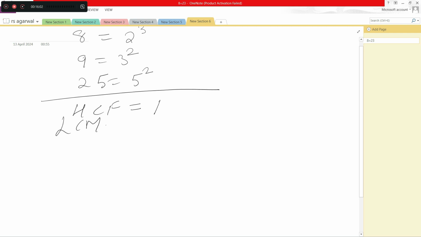If we talk about LCM, it will be 2 cube into 3 square into 5 square. So answer will be 1800.